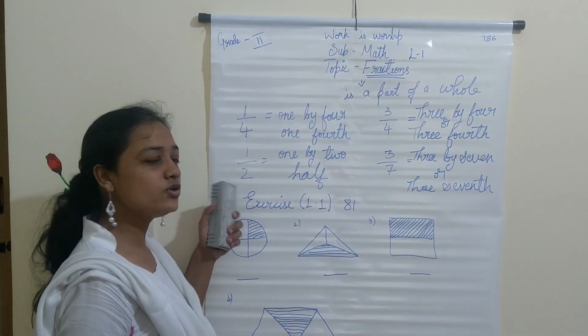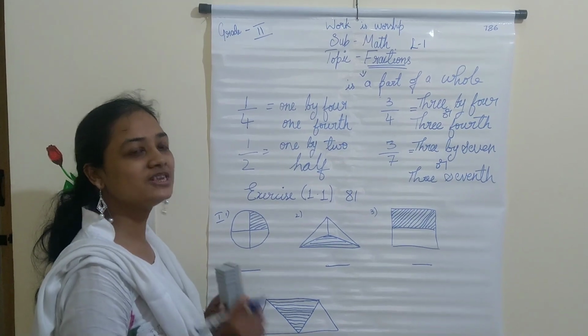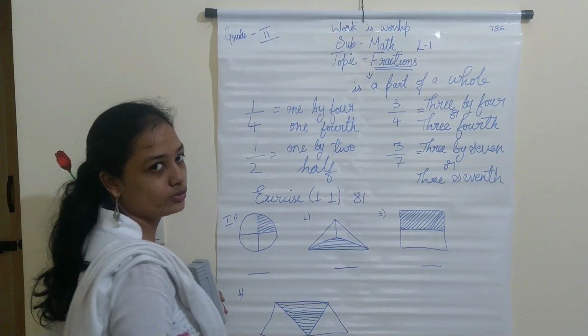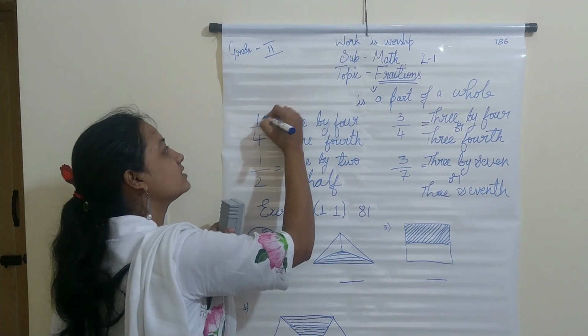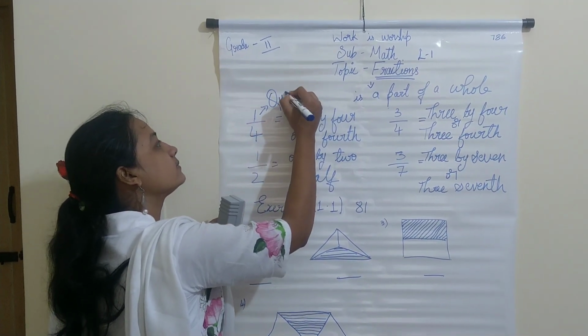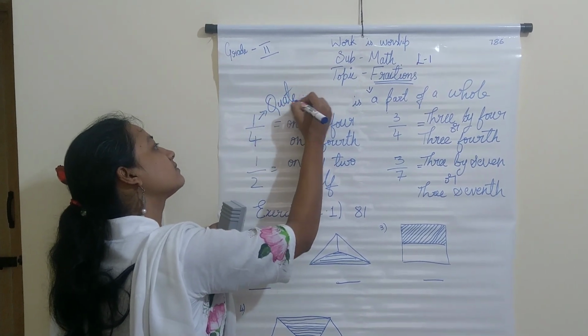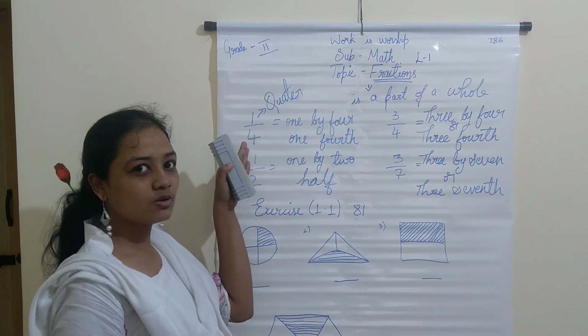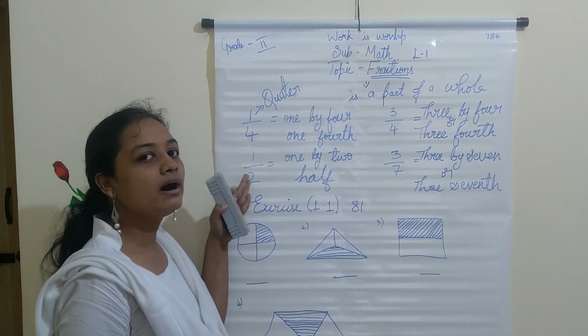Just like how you have a special name for 1/2, you also have a special name for 1/4. 1/2 is called half, 1/4 is called quarter. So the name for 1/4 is called quarter. The other name for 1/2 is called half.